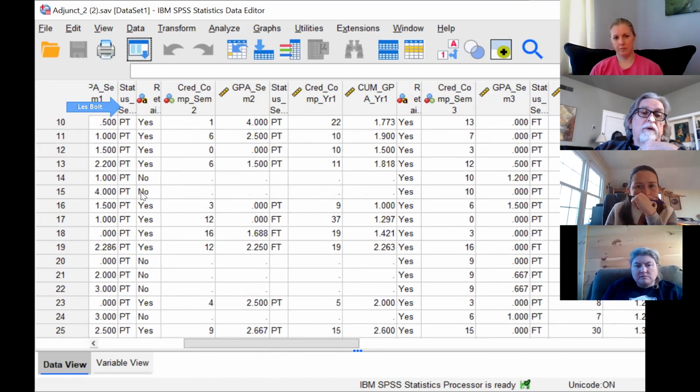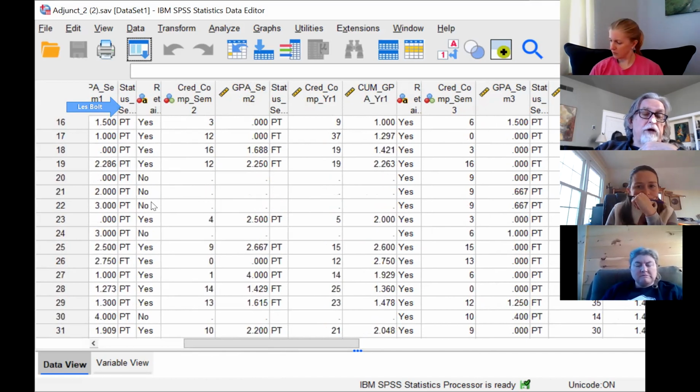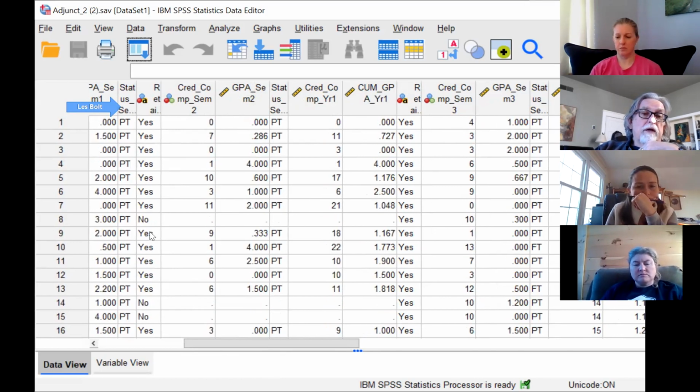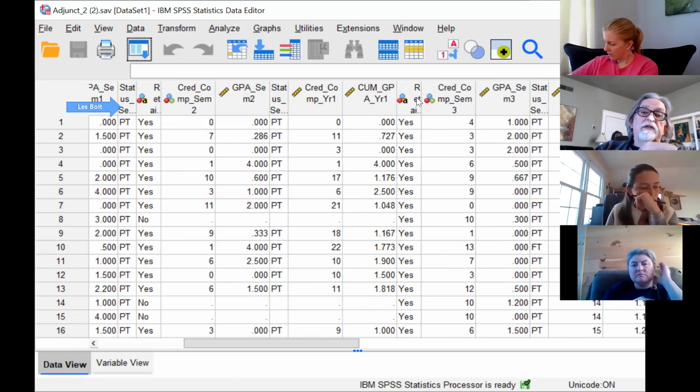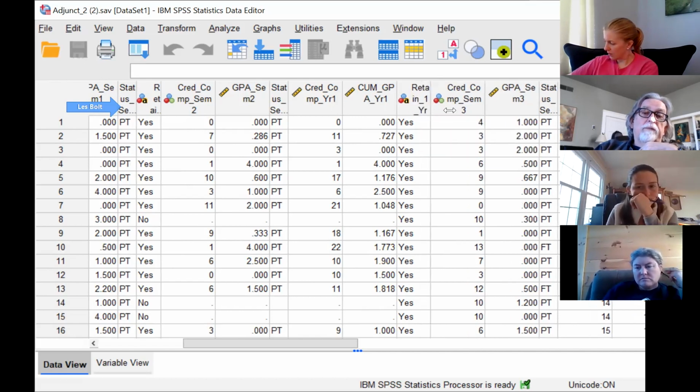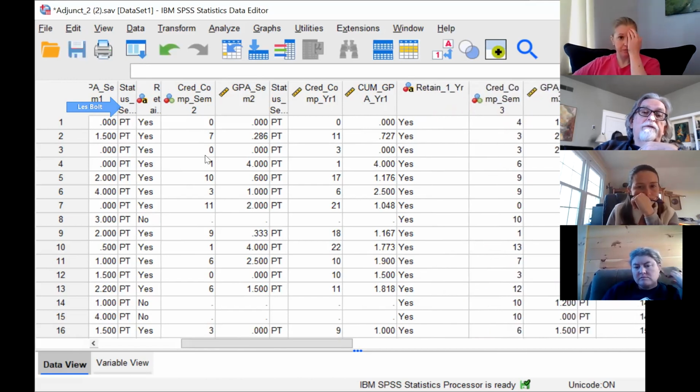And whether they had remedial work or not is yes, no, so that could be considered categorical for an independent t-test. So we have two or three independent t-tests there, and then we have multiples of those because we have similar pieces of data for different things.